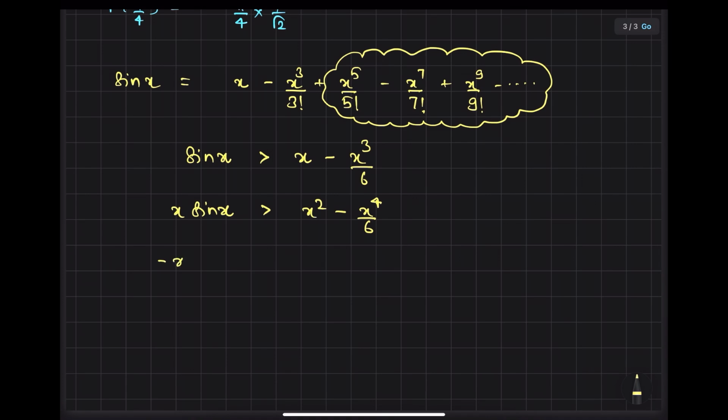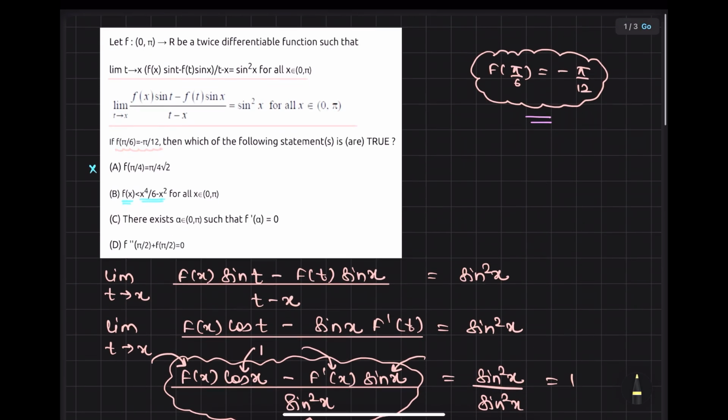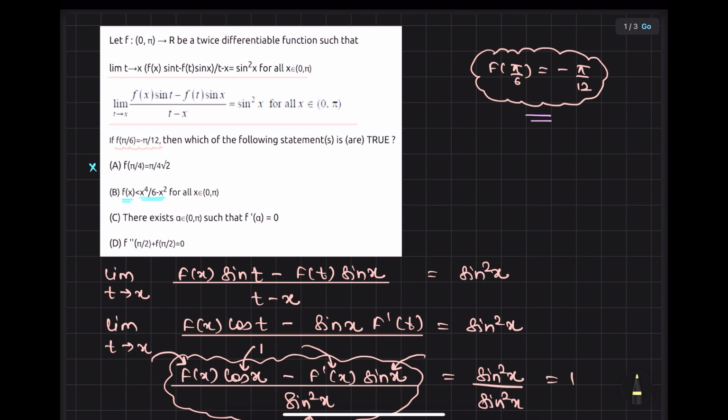You know that if we multiply both sides by minus, the sign of inequality will change. And you will have x power 4 by 6 minus x power 2, and this is your f of x. So f of x is smaller than x power 4 by 6 minus x square, which is ultimately true. This means option B is correct.